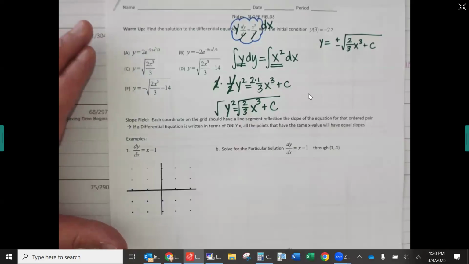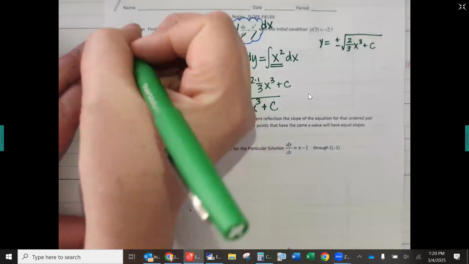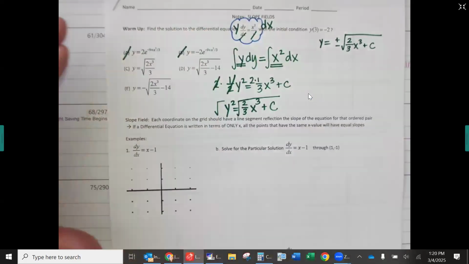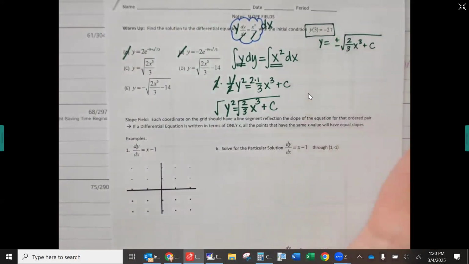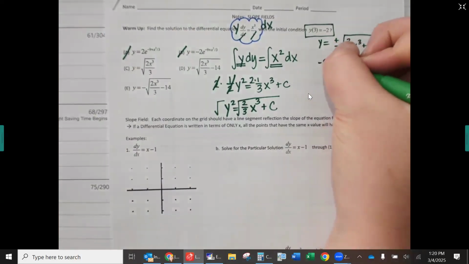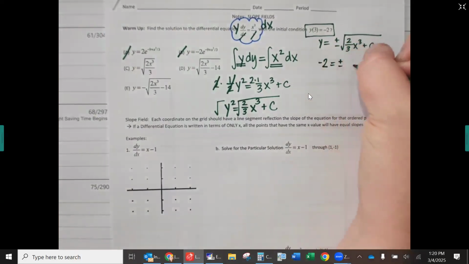Oh, look, all of them. Almost, actually. We will eventually be able to eliminate C and D. How will I know that this negative has to be in the front? Look at the ordered pair they gave you. If y of 3 is -2, then -2 needs to be the answer when you plug in the 3 here.